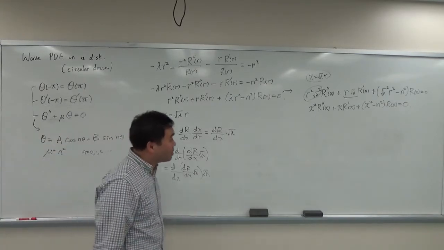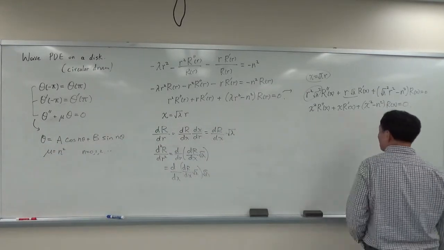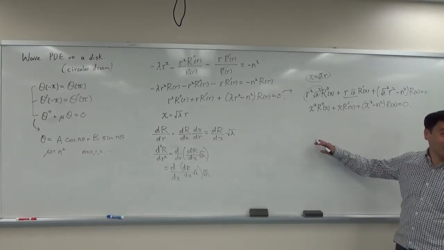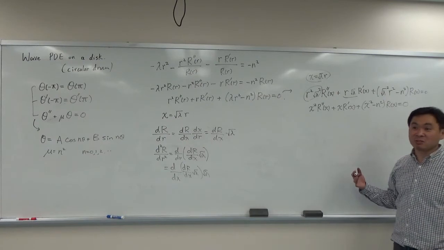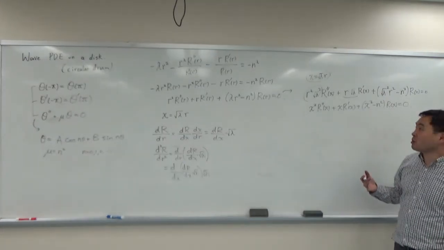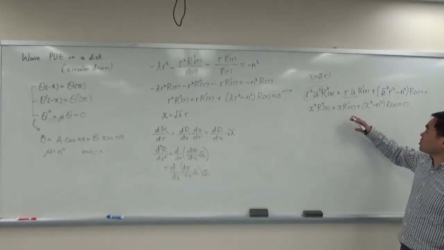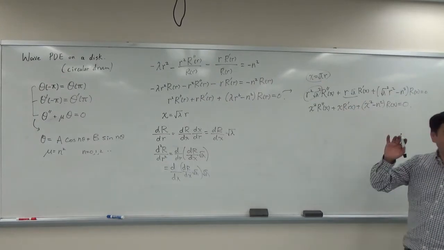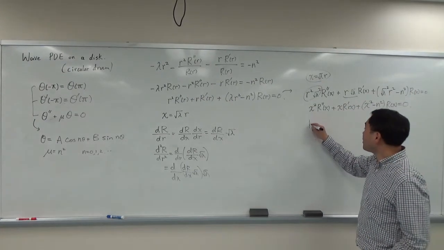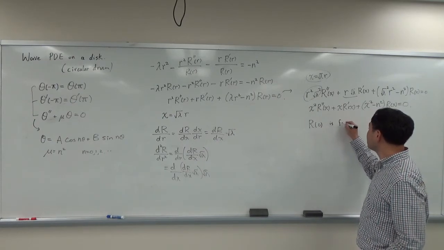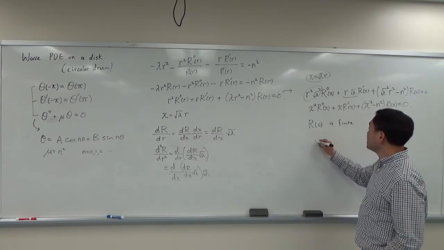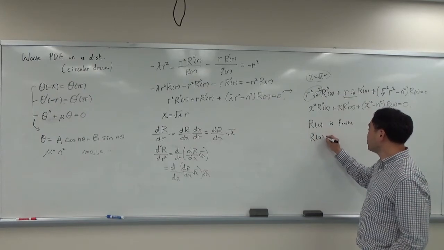So, for integers, we know that one solution starts with 0, the other solution starts from negative infinity, which is not physical. So, we're going to be solving this one with two conditions. R of 0 should be finite, and R of A should be 0.